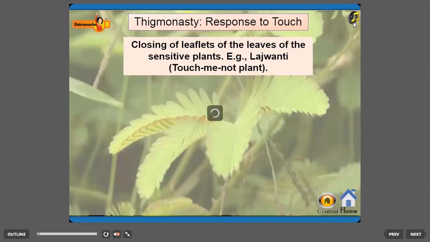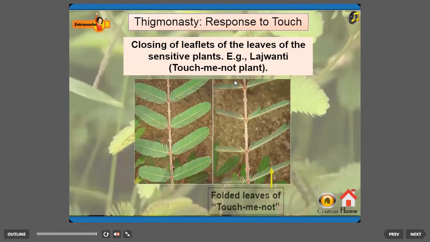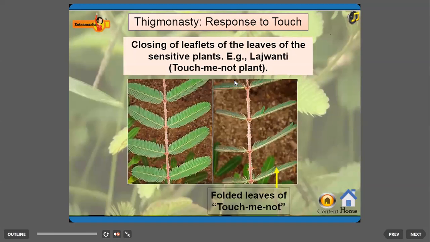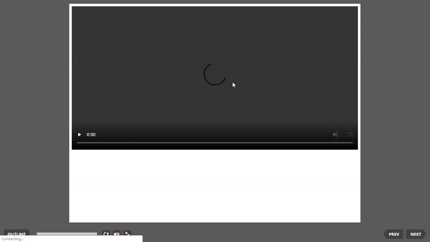Now, thigmonastic response to touch. ये टच मी नॉट प्लांट का जो मैंने अभी आपको एग्जाम्पल दिया, जिसको हम लोग लाजवंती कहते हैं. Closing of leaflets of the leaves of sensitive plants like lajvanti. When you touch, the leaves of the touch me not will fold. Now there is a particular video I want to share with you.